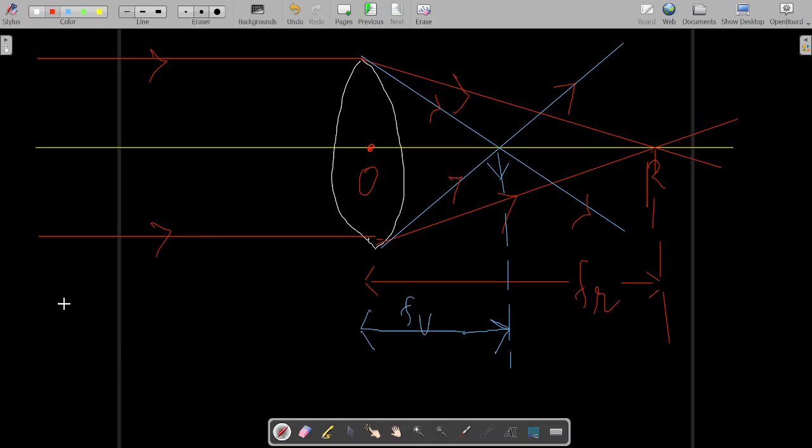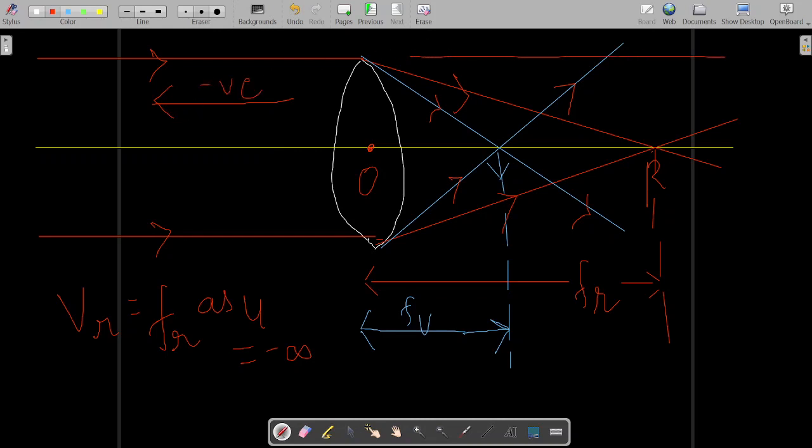Now object distance for red is equal to minus infinity, because the object is placed at infinity. Whenever you measure the distance from here over here, it is taken as negative, and whenever you measure the distance from here over here, it is taken as positive.